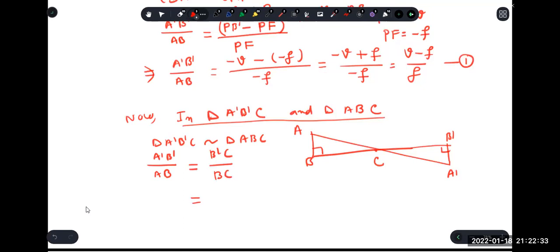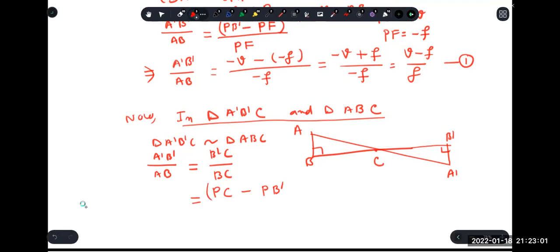How to find B'C? B'C is measured from the pole of the mirror. The pole is P. So pole to center of curvature minus pole to the image point B'.